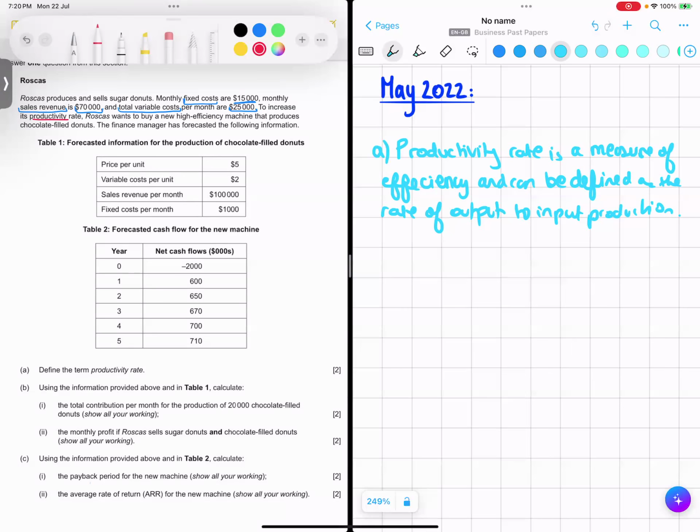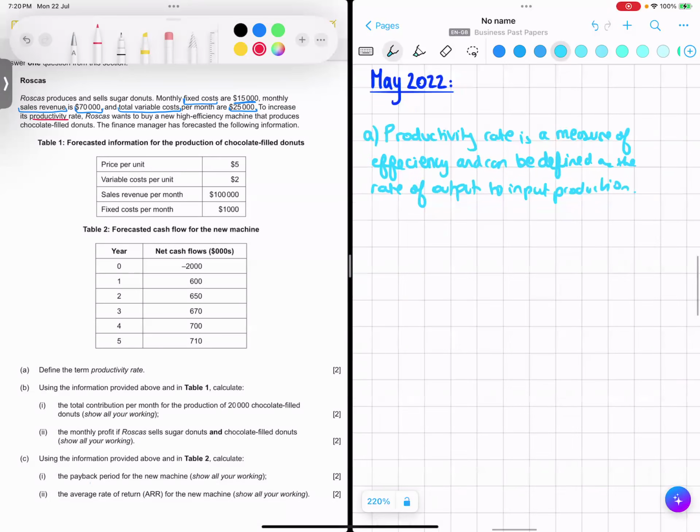Then something they do mostly in economics, not in business, but to show your understanding, you can add the formula.